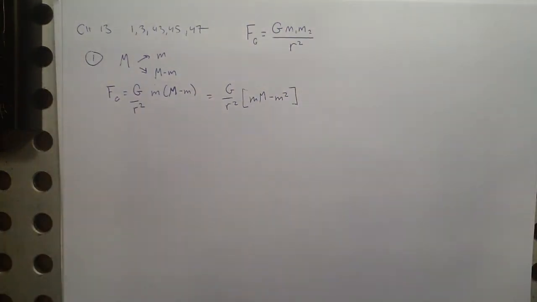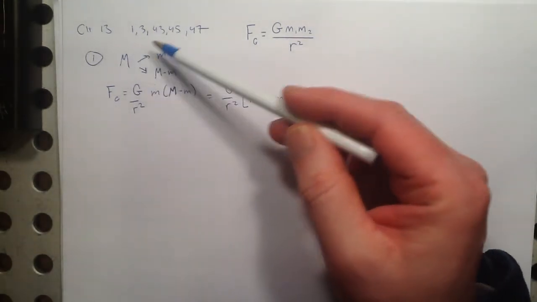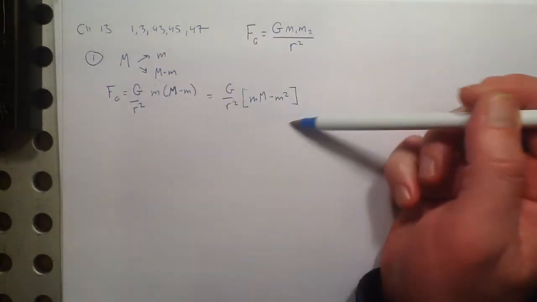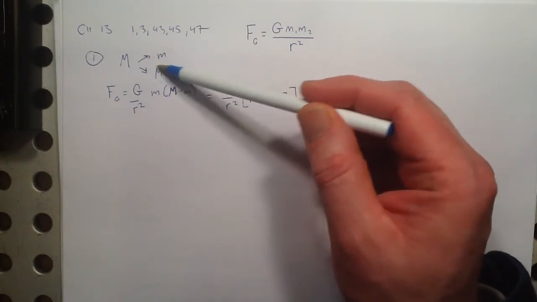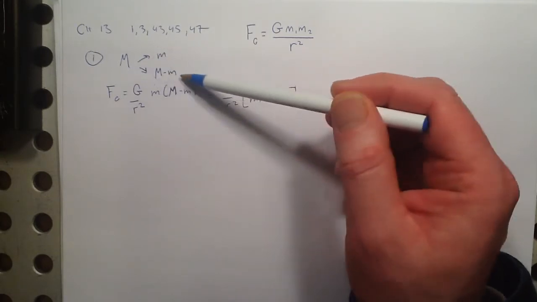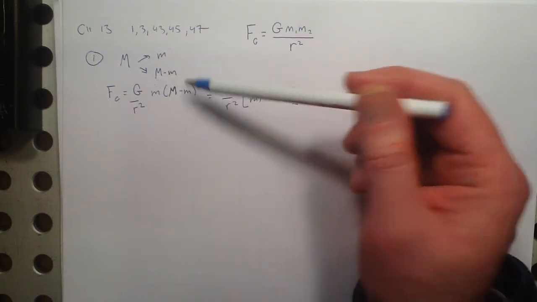And thinking about this like a calculus student, if we're trying to find the maximum of something, then we want to take the derivative and set it equal to 0, right? Now notice that the big M is a constant. The only variable in this whole expression is the small m, how much we're going to break off, and then the other part will be the big M constant minus the little m variable.